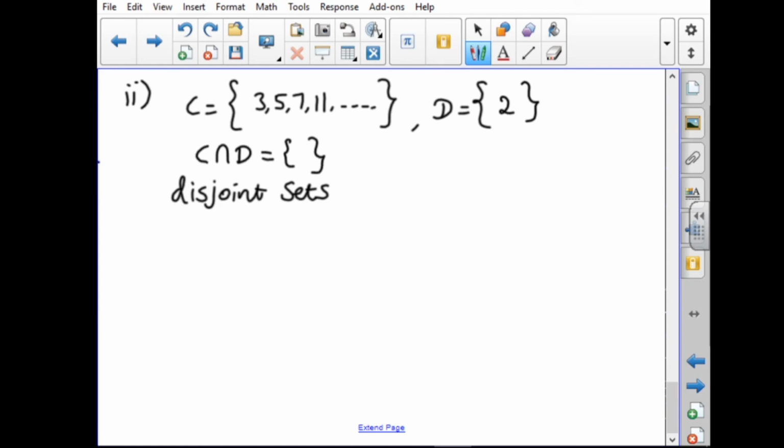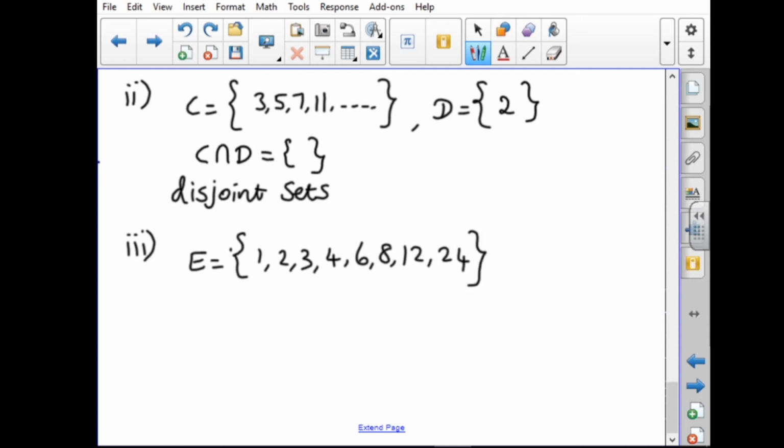Then third one, E is equal to {x such that x is a factor of 24} and F is equal to {x such that x is a multiple of 3, x less than 30}. Okay. x is a factor of 24. So E is equal to the factors of 24, which are 1, 2, 3, 4, 6, 8, 12 and 24.